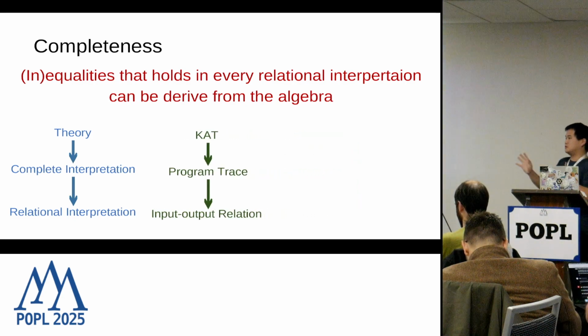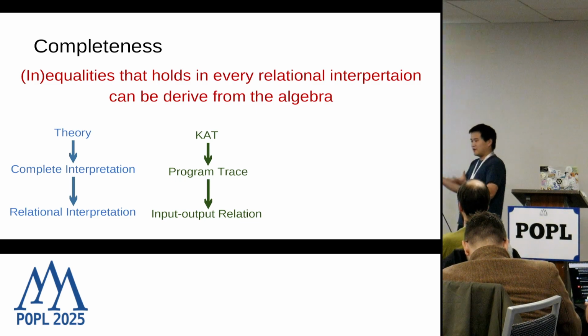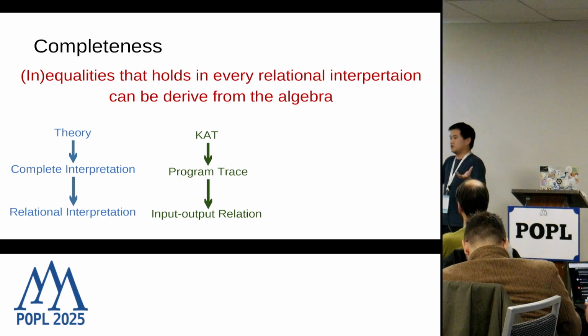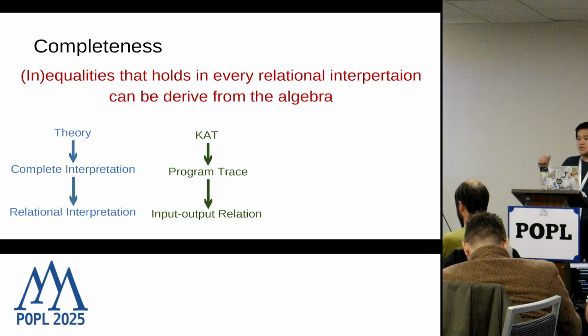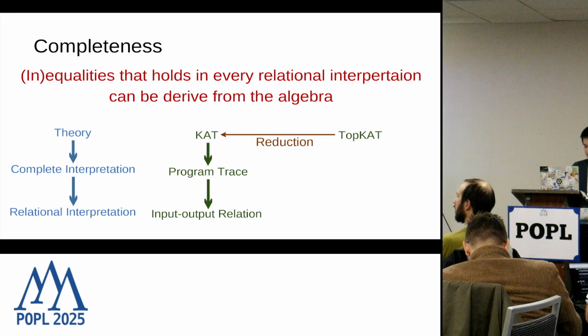And we want to do the same thing with TopKAT, right? Because we have this very powerful algebraic system, and we don't know why. Maybe it's complete with respect to the relational model. Then that would explain why it can model the entirety of the proof rules of incorrectness logic and Hoare logic.